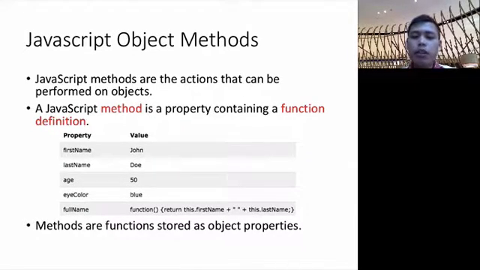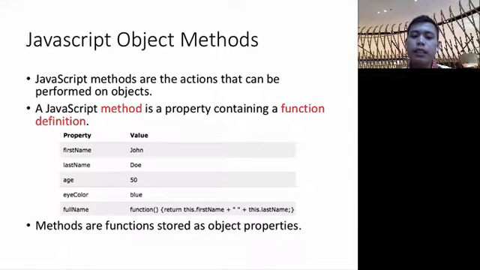The table below shows properties and values. Normally when we assign variables as properties, firstName can be given a value of John, lastName a value of Doe, age a value of 50, and eyeColor a value of blue.